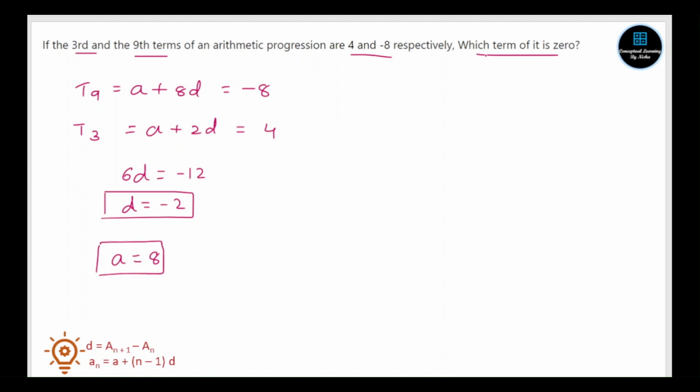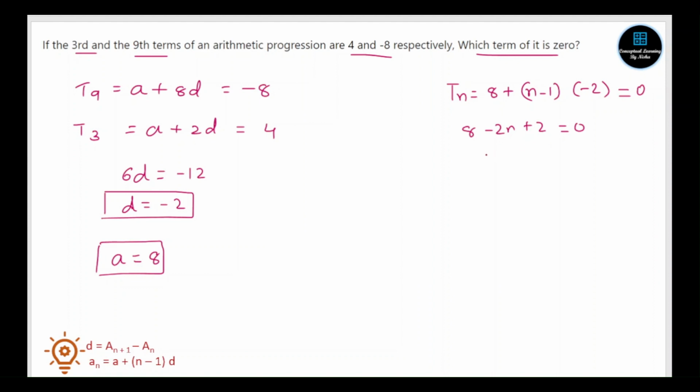Now the second part of the question. We have to find the value of n where Tn is 0. So Tn, let me write the general term: 8 plus n minus 1 into d. d is minus 2. So this is the general term and they have told us that it is 0. Now we'll simplify this. So what do we get? 8 minus 2n plus 2 equals 0.